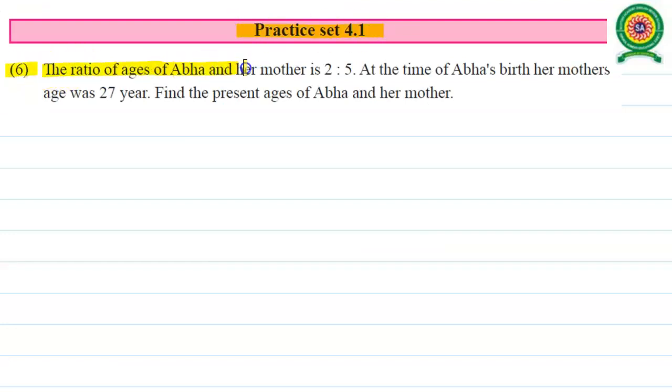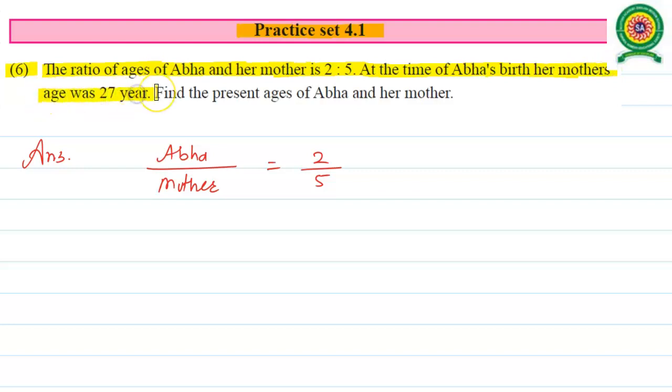Now look at question number 6 from practice set 4.1. We have the ratio of ages of Abha and her mother is 2:5. So I am writing in the answer, Abha's age to that of her mother's age is equal to 2:5, means 2 divided by 5. At the time of Abha's birth, her mother's age was 27 years. Let us assume that Abha is X years old.